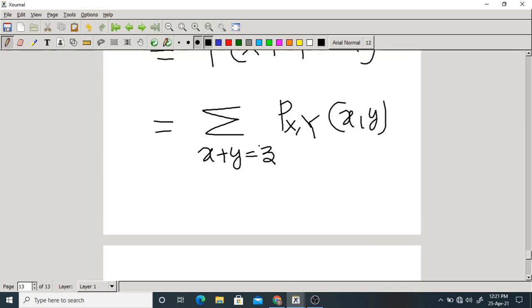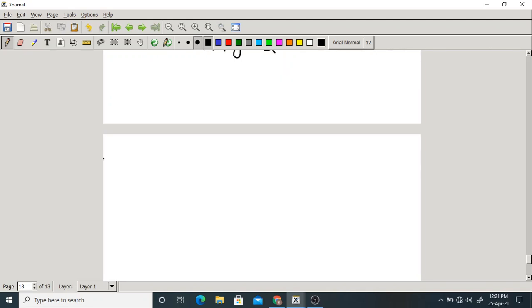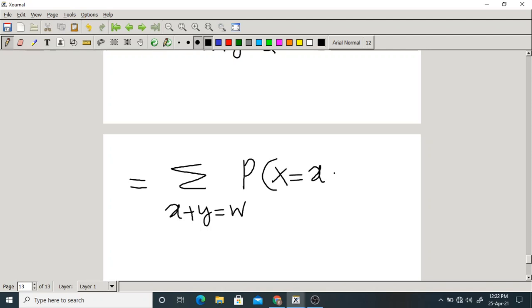What is the definition of this joint PMF? Probability that X equal to small x and Y equal to small y.